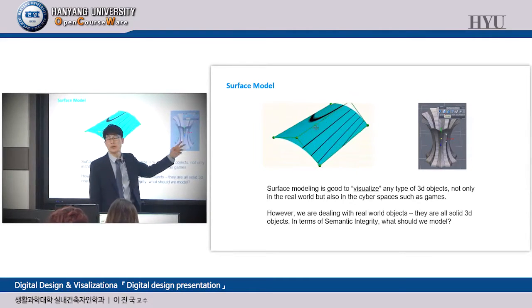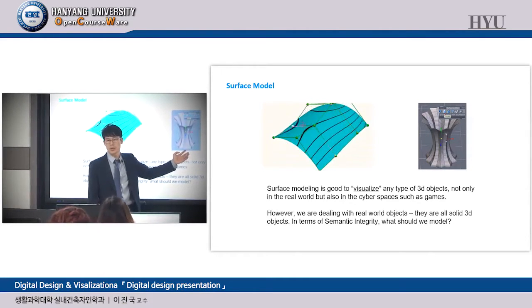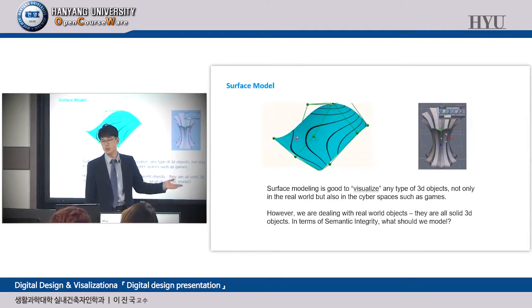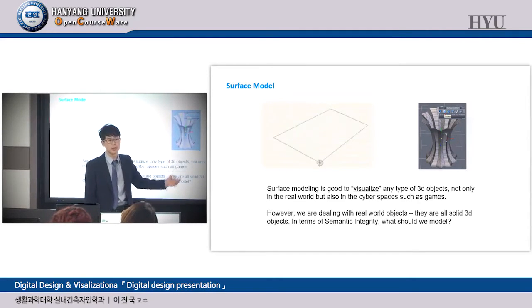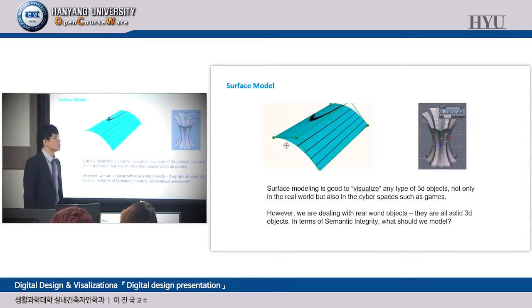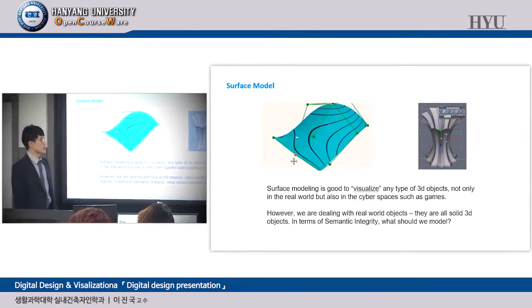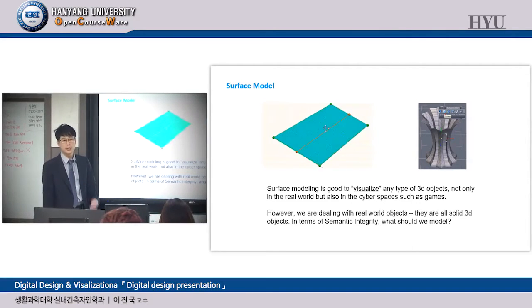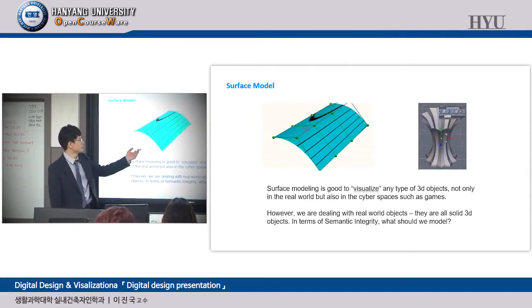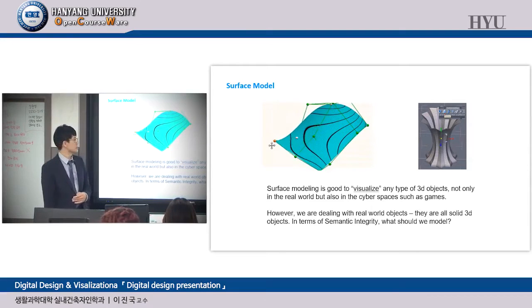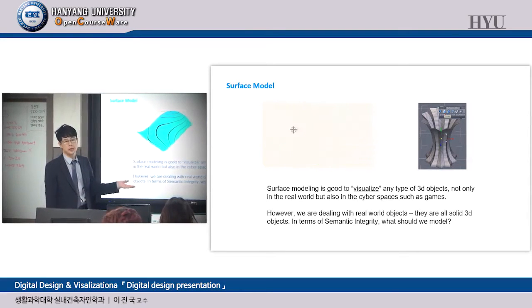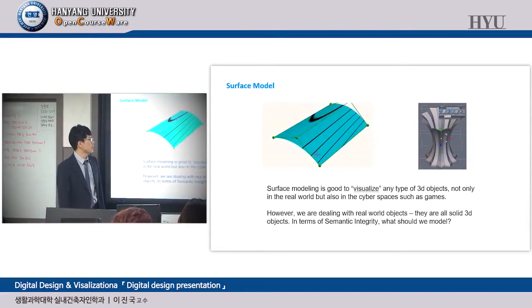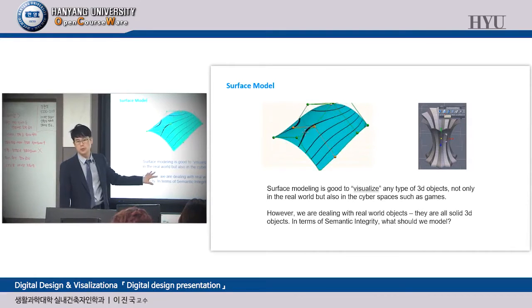Anyway, this kind of mathematical definition can be represented by computers virtually. So this is a simple manipulation of surface control, exactly the same as you control surfaces in 3D Max, even in Rhino or SketchUp, whatever. But this is not real, okay?